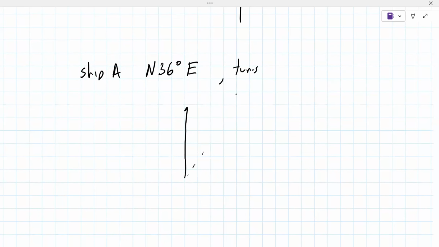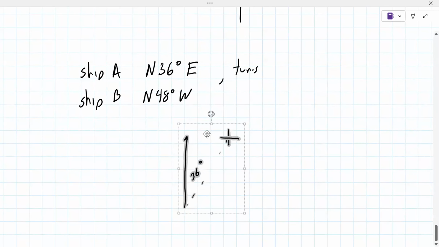This is 36 degrees, and then it turns. Let's say ship B is going north 48 degrees west. So let me draw this. This is now going the other direction.